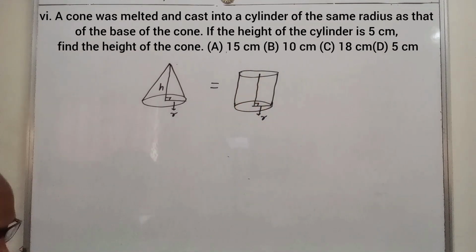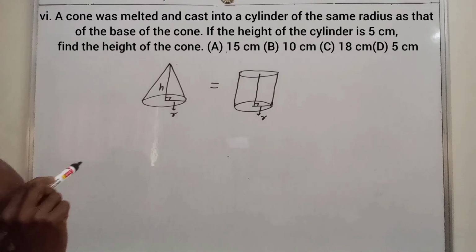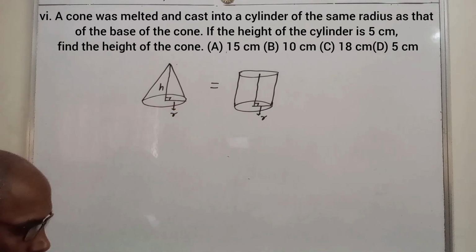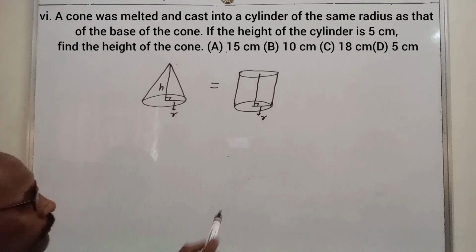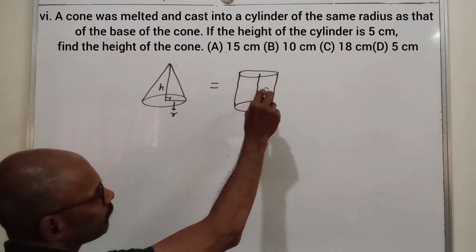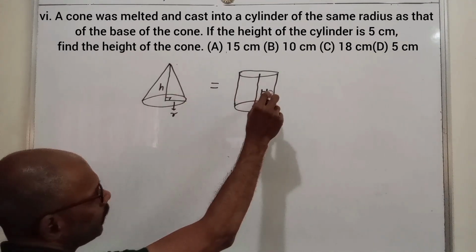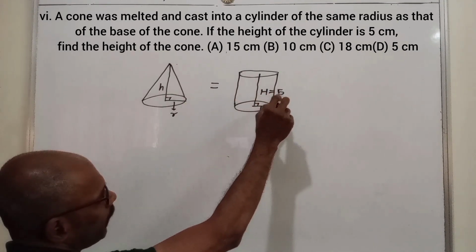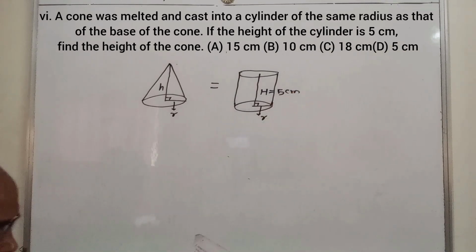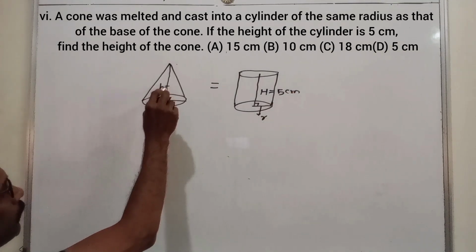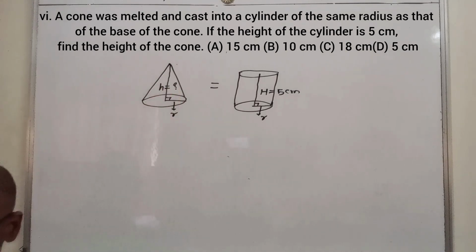Same radius as that of the base of the cone. If the height of the cylinder is 5 centimeter, here small, so we take here capital 5 centimeter. Find the height of the cone.